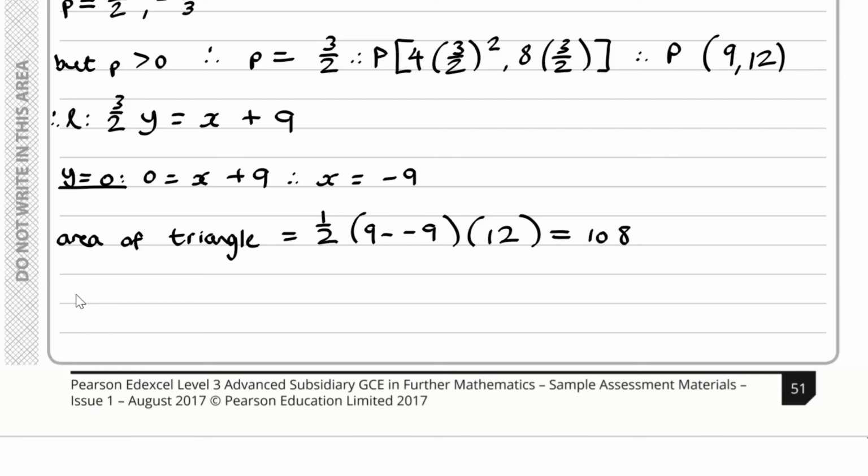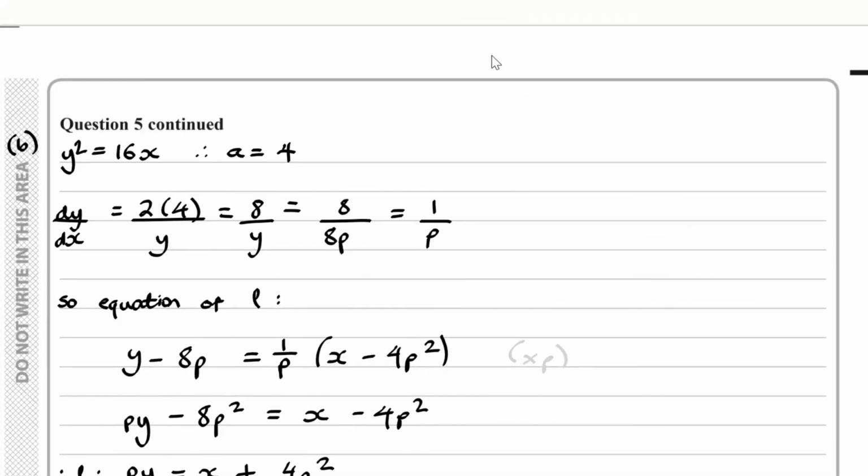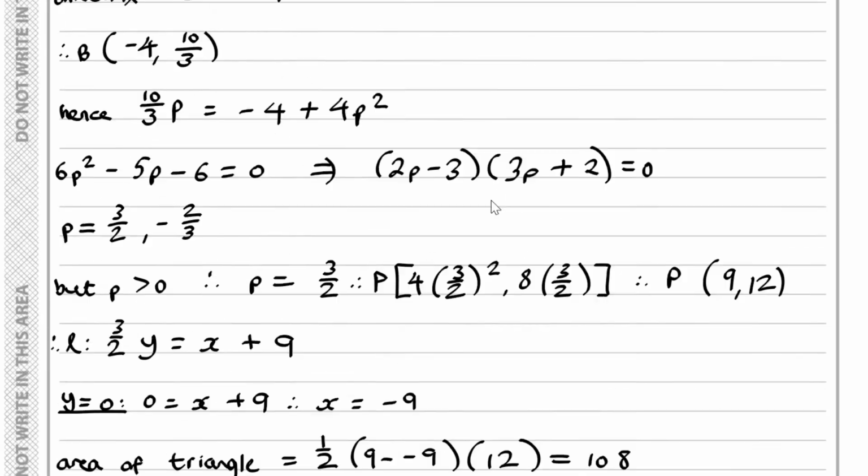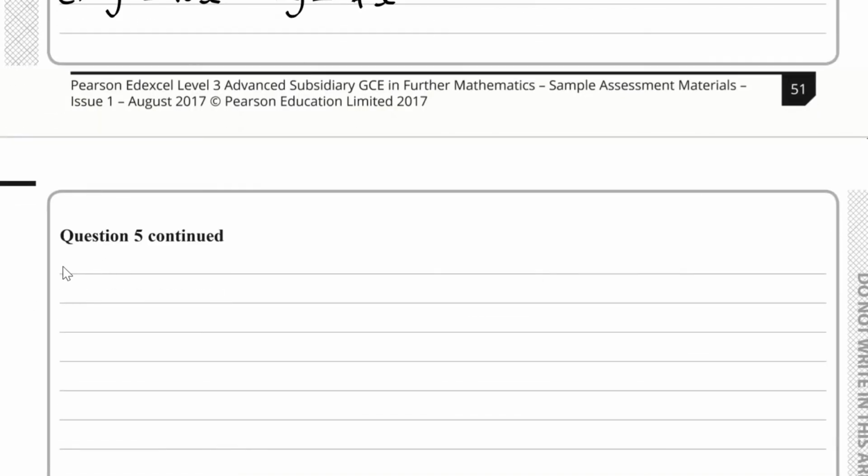And we know that C has equation y squared equals 16x, and therefore we can rewrite this as y equals 4x to the power of 1/2. And now we can integrate under the curve C to find out the area under C. We can find that out using integration.